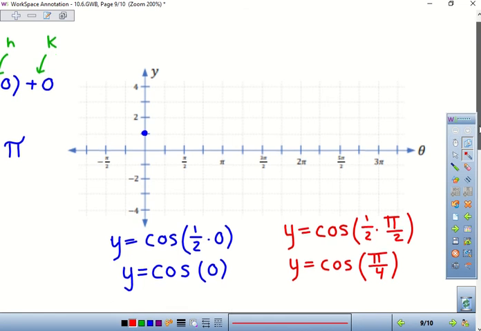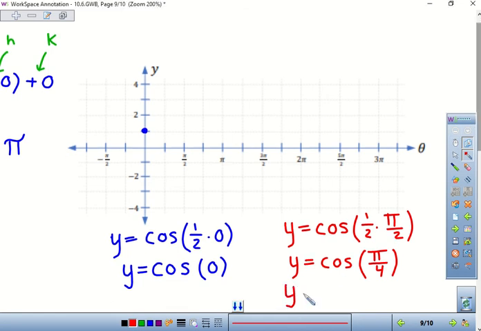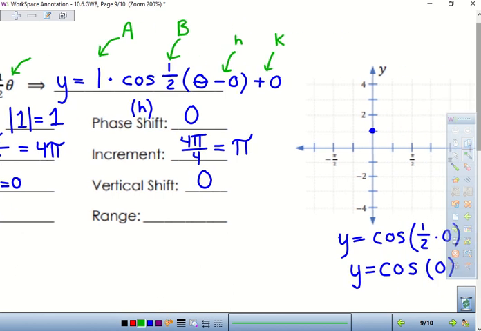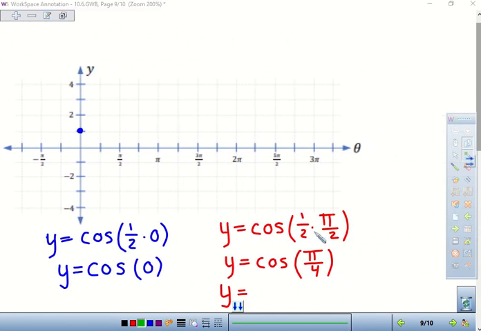Anybody remember what pi over 4 is in degrees? So wait, Ms. Russell, 1 second. What are you plugging in for? Did you plug in 1/2 for theta? No, 1/2 is already what's in the function. I'm just taking things and plugging them in for theta. Oh, okay, I see.